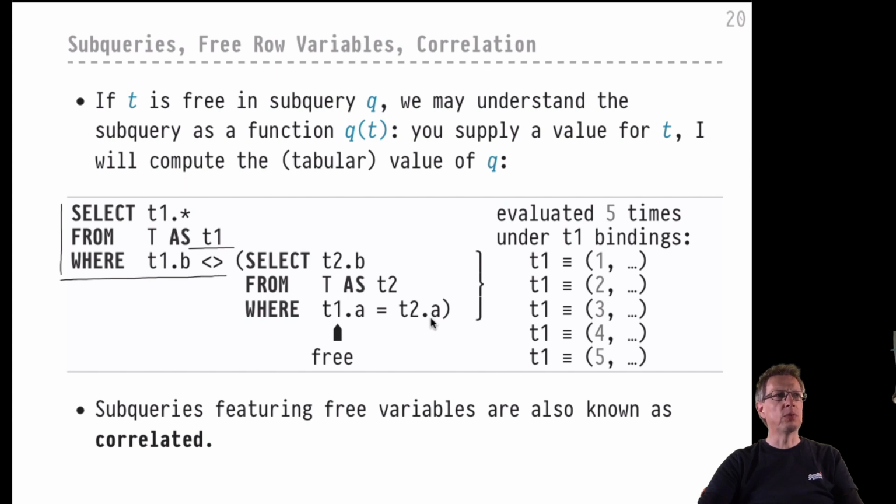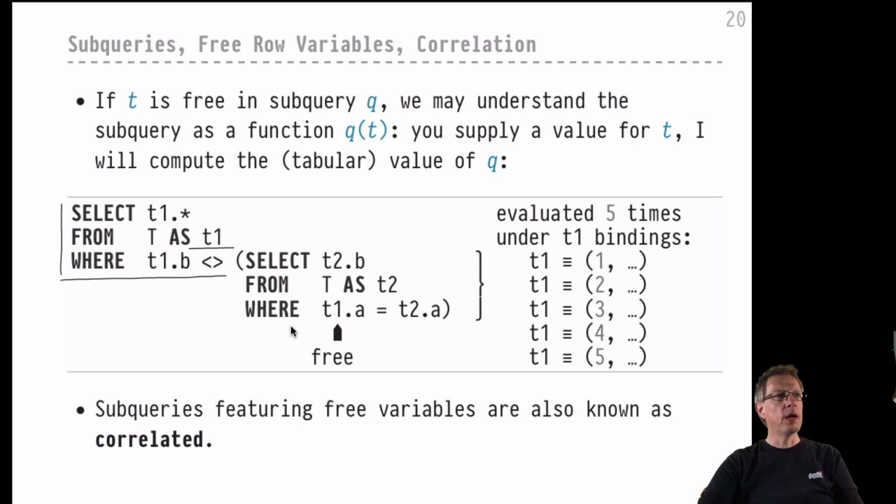Another binding for T1 will be produced, this binding, then this binding, then this binding, then this binding. For all of these bindings, we will evaluate the subquery here in parentheses, and see what B value we can compute for this particular subquery.